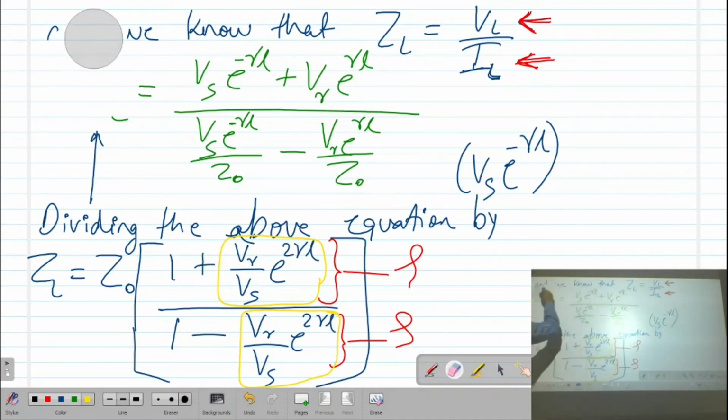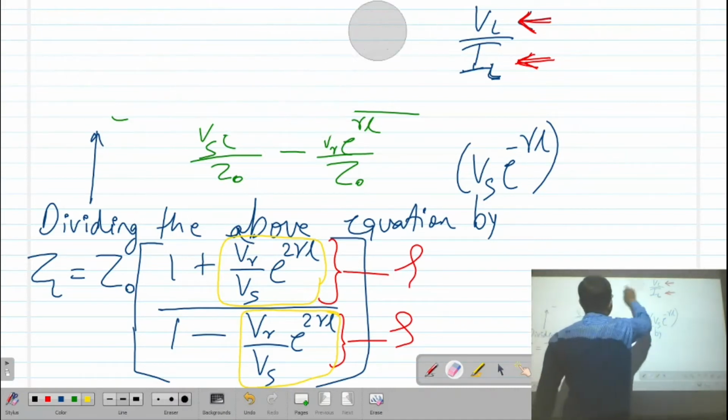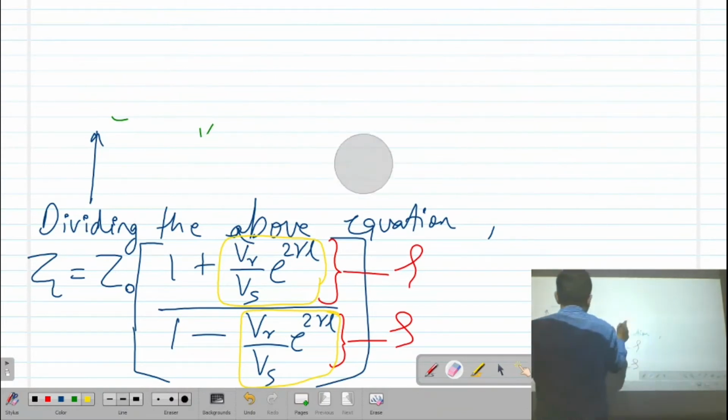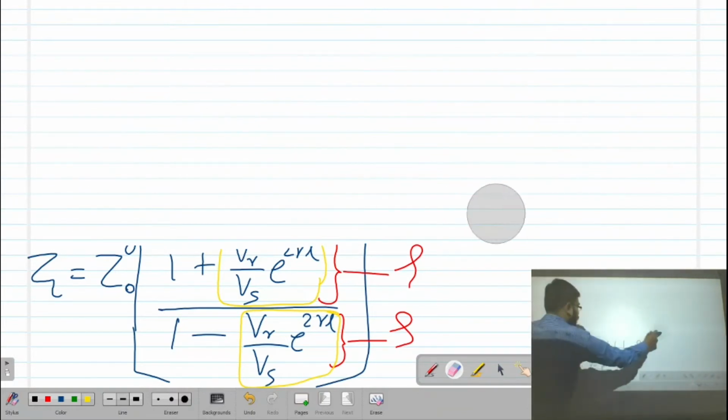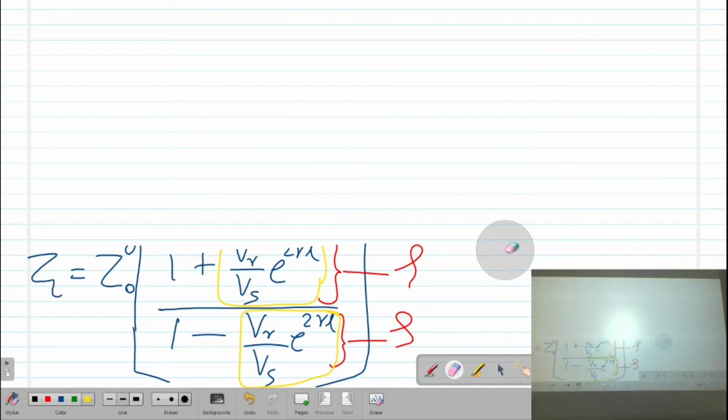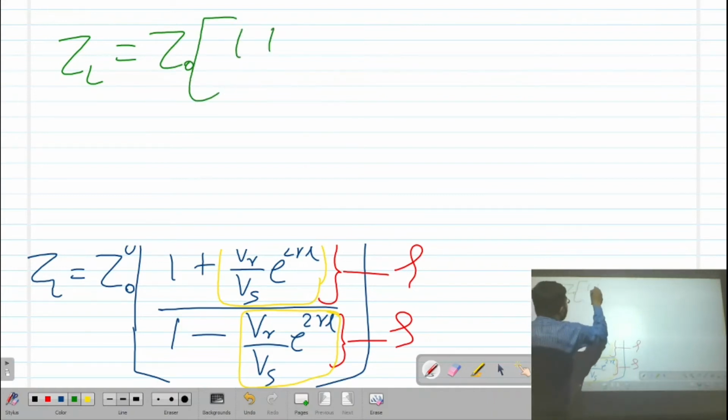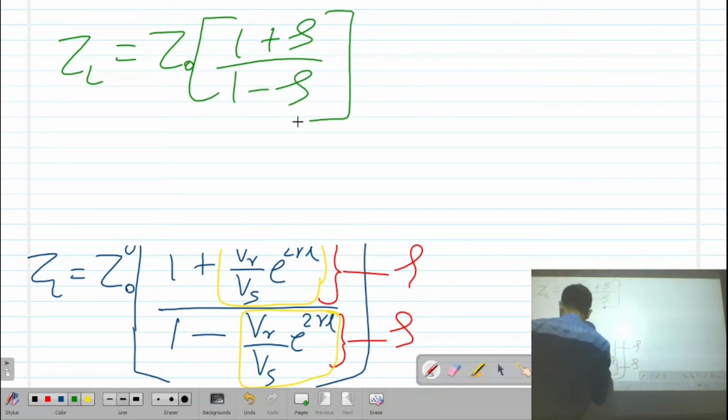So rho can be written as ZL is equal to Z0 into 1 plus rho by 1 minus rho, right?